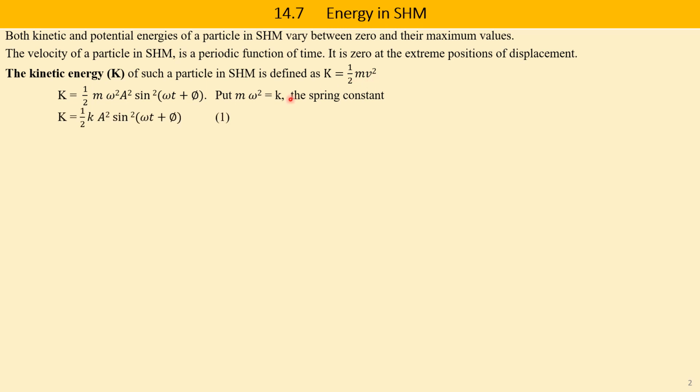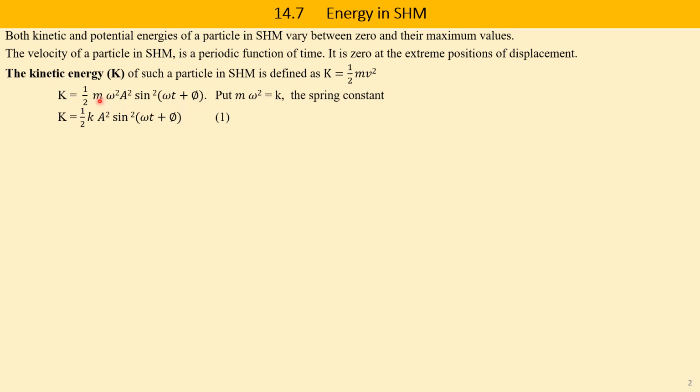We know that the value of v, velocity in simple harmonic motion, is represented by omega A into sine omega t plus phi. Hence, the previous equation K is equal to half m v square becomes capital K is equal to half into m into omega square A square sine square omega t plus phi.